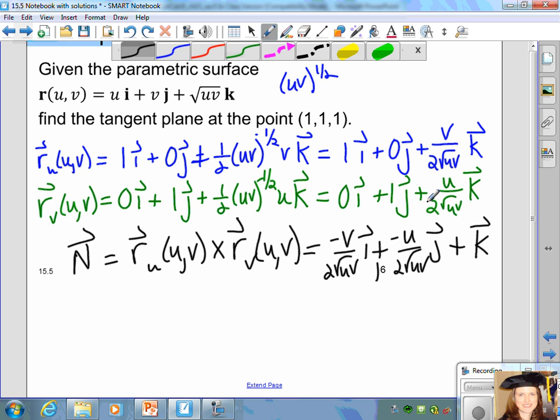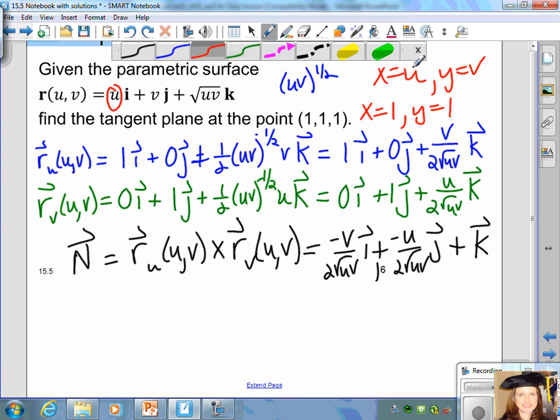Now we want to figure out what to plug in to this to find the normal vector at the specific point given. For our parametric equation here, we have x is equal to u and y is equal to v. And at the point, we have x is equal to 1 and y is equal to 1.